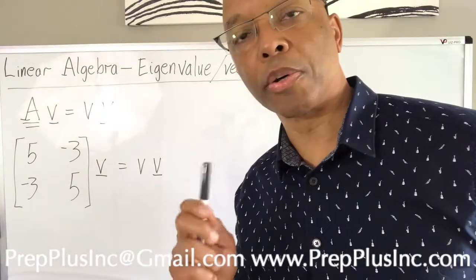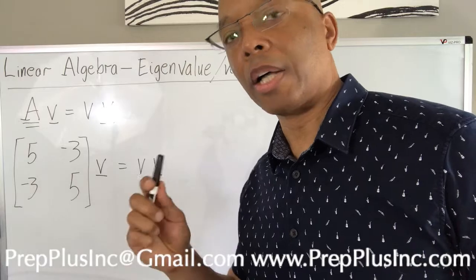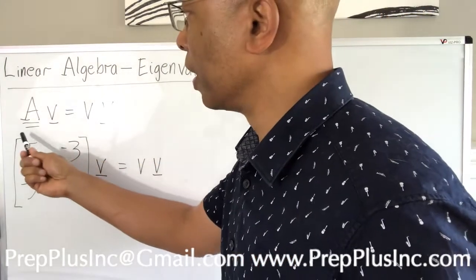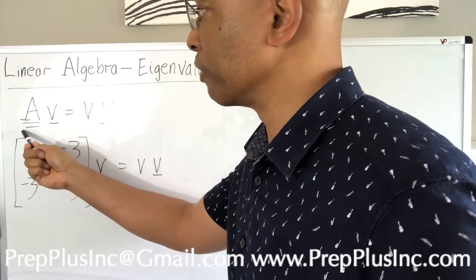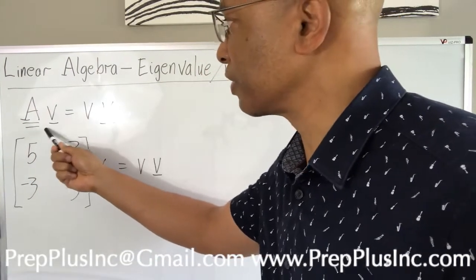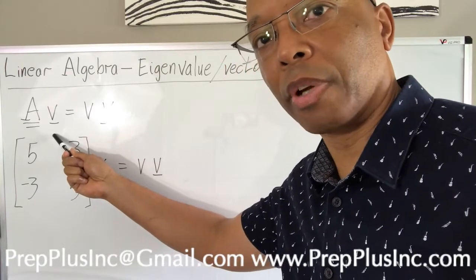Suppose on your exam you're asked to solve this eigenvector, eigenvalue problem where the matrix A, and I use a double underscore to denote a matrix, and a single underscore to denote a vector.